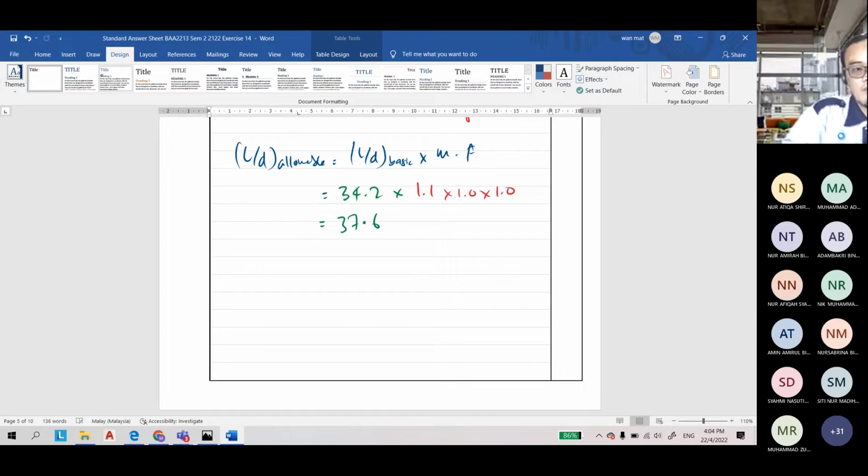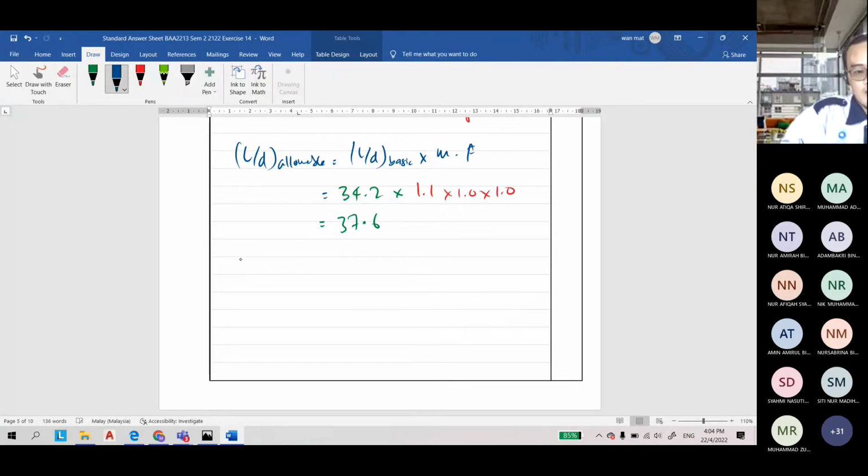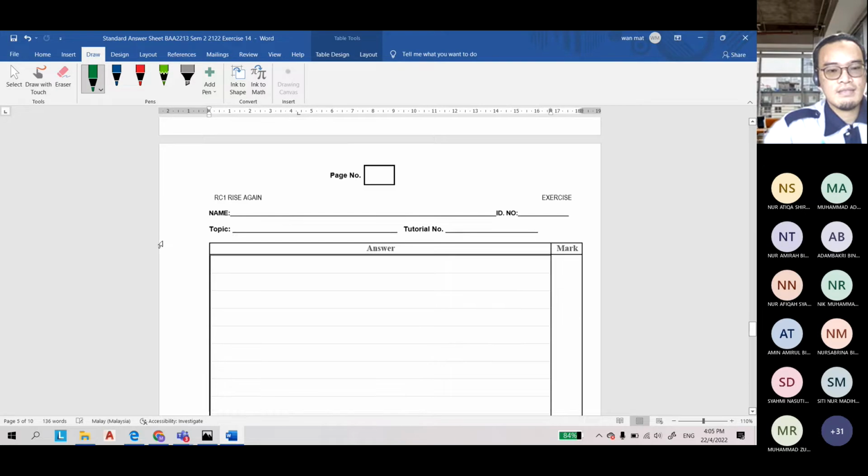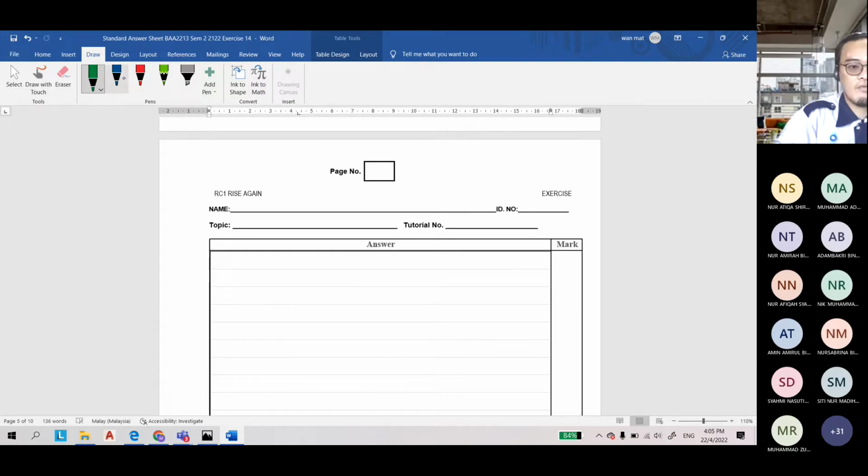Okay, so L over D actual is equal to L is 4,000, D is 139, so equal to 28.8, lesser than 37.6, so it's okay. Okay, next, last part, last checking is for cracking.